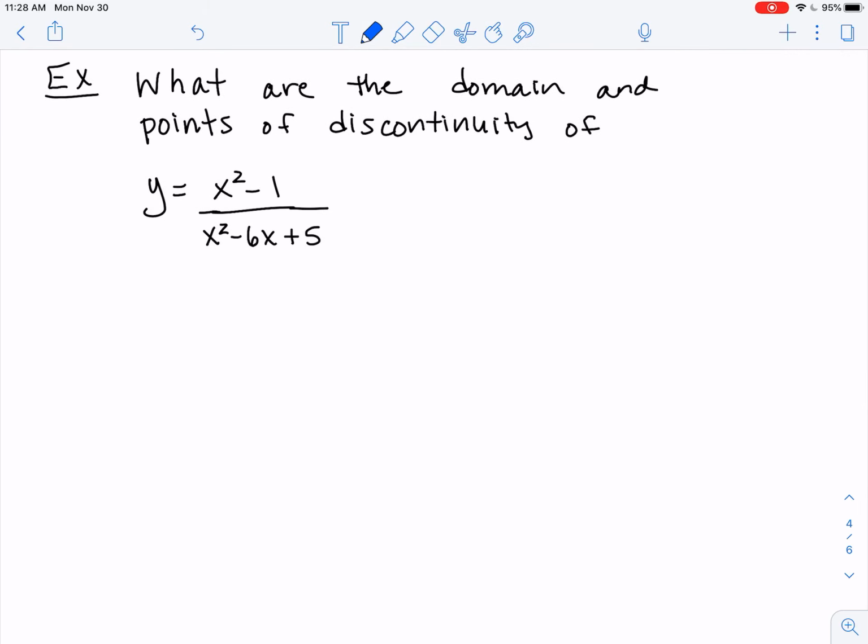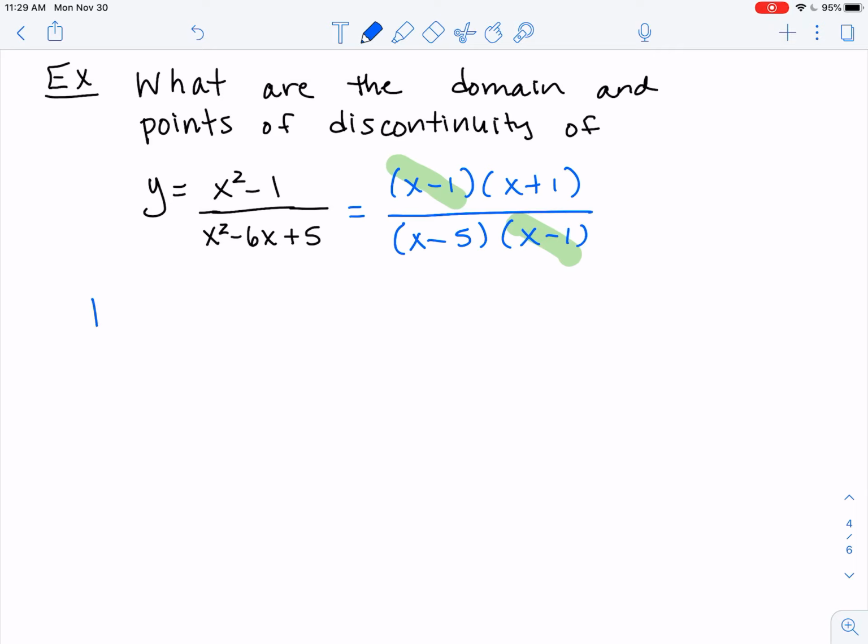What are the domain and the points of discontinuity? All right, so for this guy, what you want to do is factor first. So if you have y equals x squared minus 1, that factors into x minus 1, x plus 1. The denominator, well, let's see, x squared minus 6x plus 5, that factors into x minus 5, x minus 1. Okay, here's what I know. X minus 1 cancels, okay? So what does that tell me?